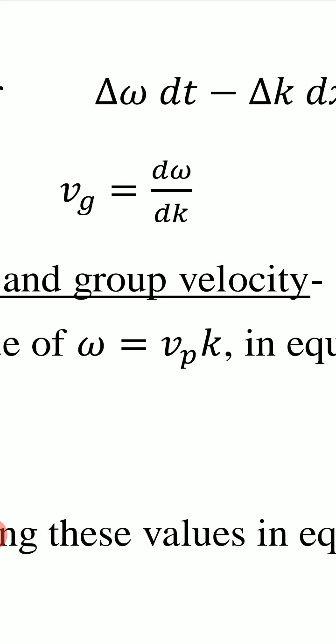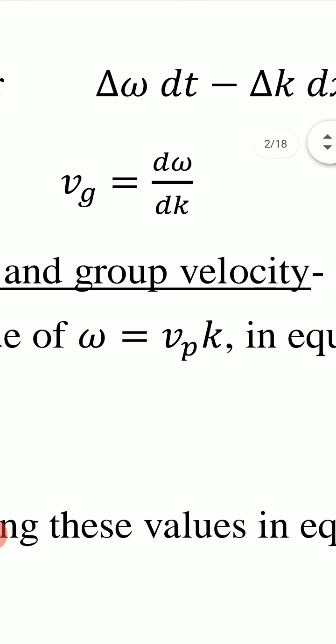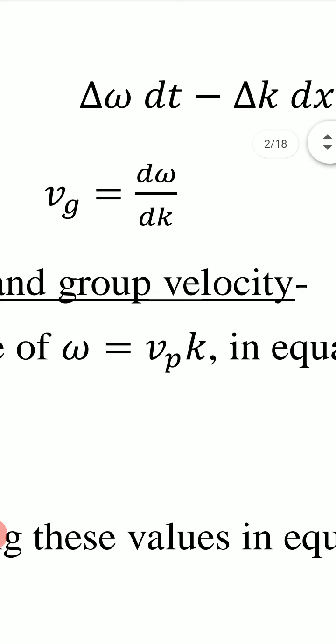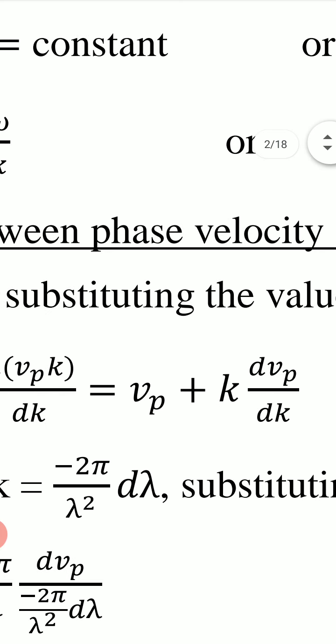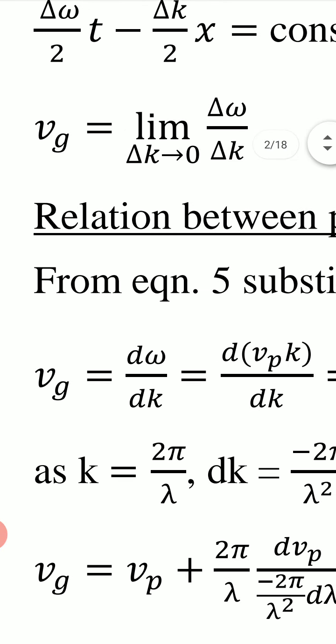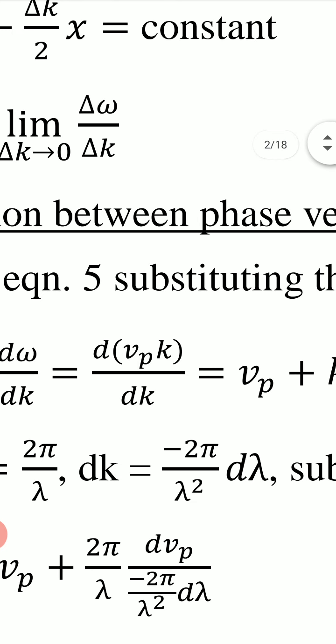Vg is equal to d omega upon dk, which is d upon dk of Vpk.